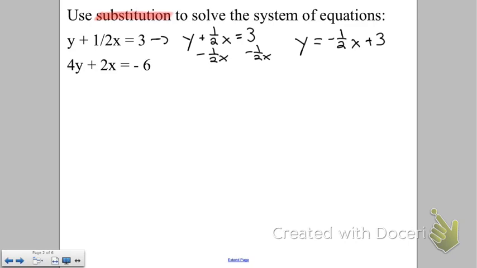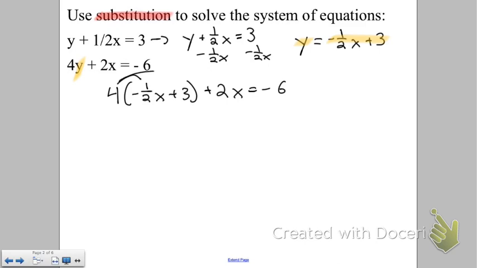Now, I can do the same method as before. I have y equals negative 1/2 x plus 3, and then I have another y in this equation. I can substitute in for my y: 4 times (negative 1/2 x plus 3) plus 2x equals negative 6.